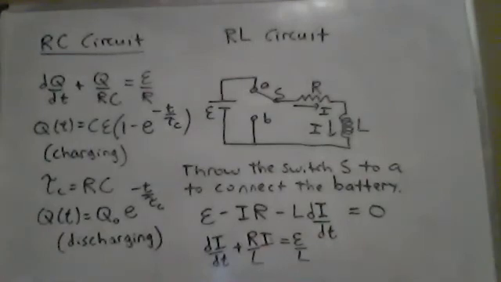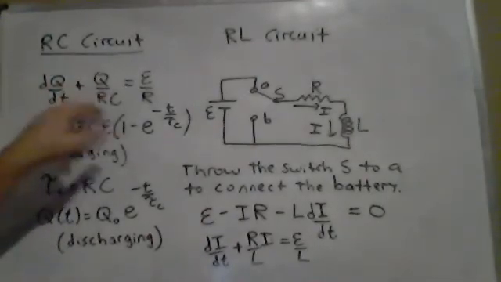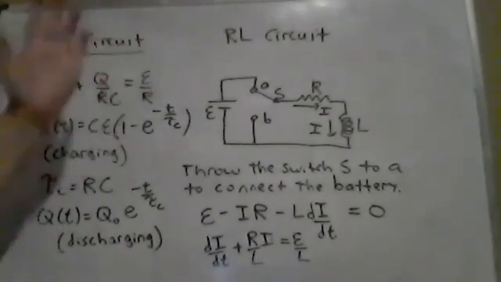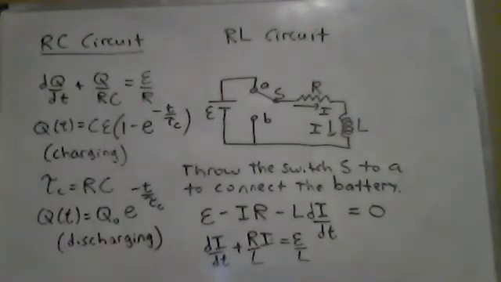Look at the RC circuit. Time rate of change of the charge as a function of time. The charge as a function of time is what I don't know in the RC circuit. Plus Q times a constant is epsilon over R. So again, very, very similar. In fact, this is an isomorphic differential equation, besides whatever the constants happen to be.